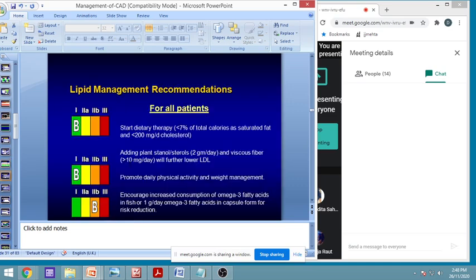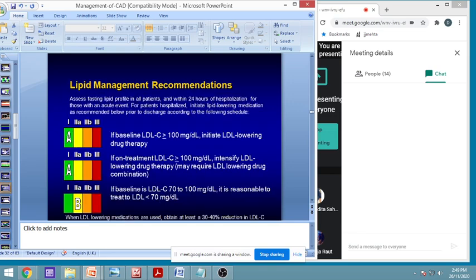So what are the lipid managements? Go for diet therapy, with reduction in calories and various fats. Add plant stanol sterols into it, so that it will be beneficial and will lower it. Promote daily physical activity and weight management. Increase consumption of omega-3 fatty acids, and accordingly it will have an antioxidant effect, and dietary help will be there.